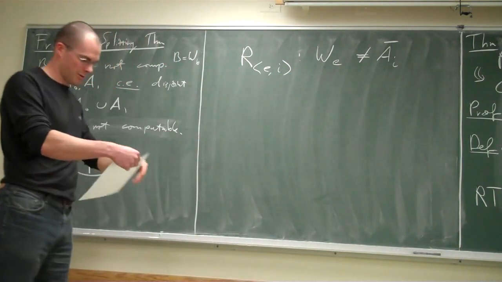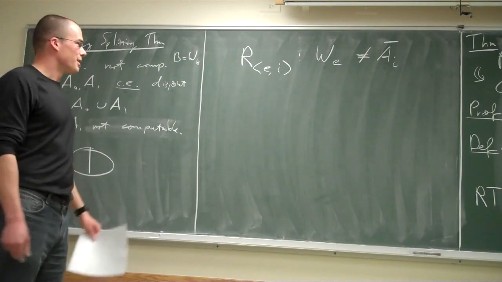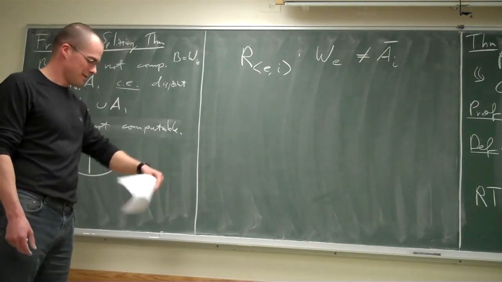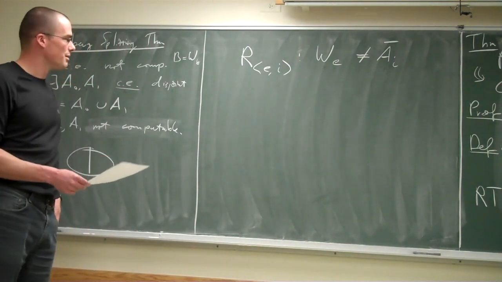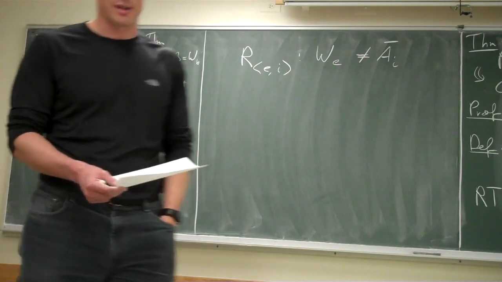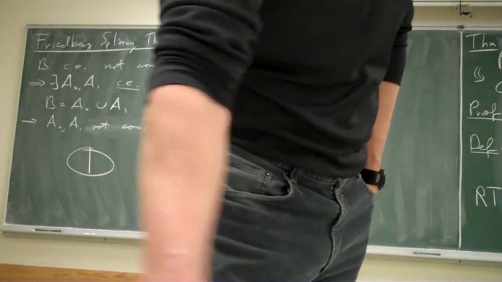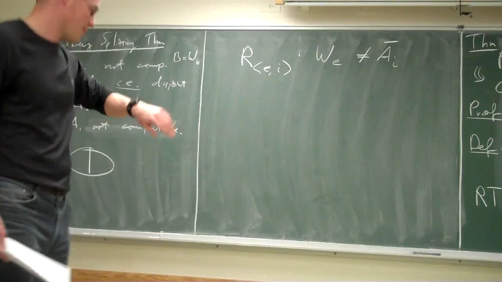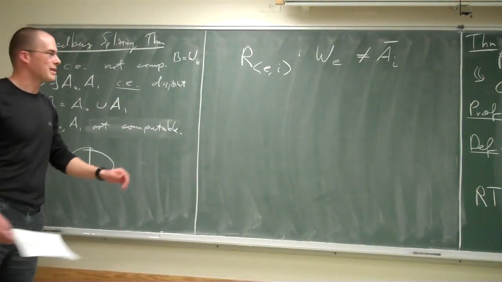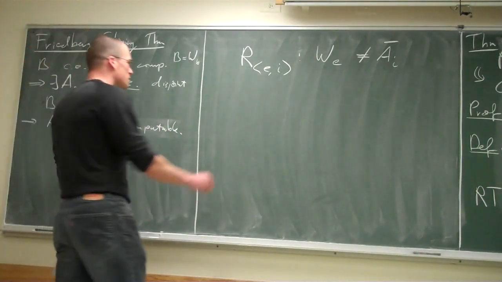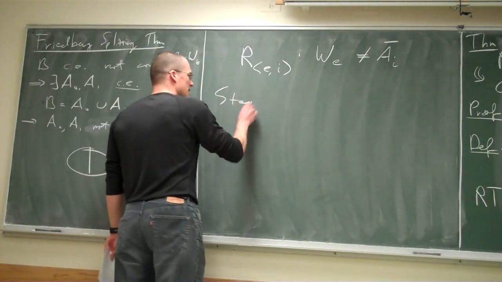So now I can describe the construction. Let me just describe the construction, and then maybe we'll just look at its properties next time. So like I said, it goes in stages.